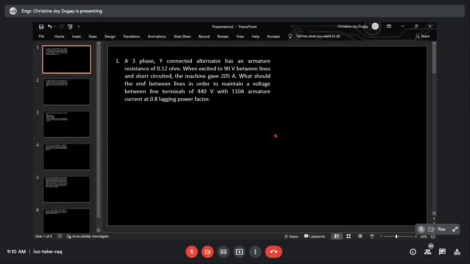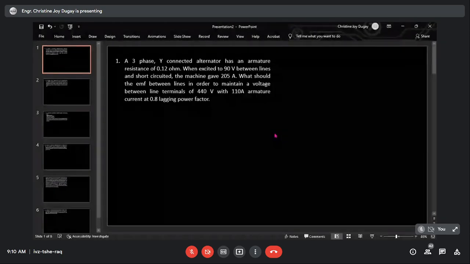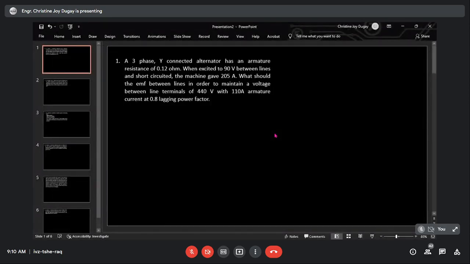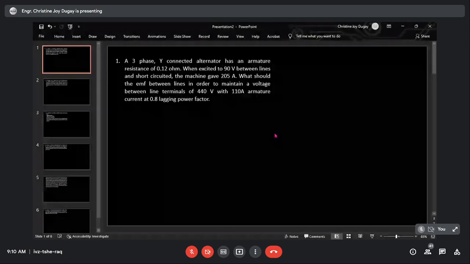The question is: what should be the EMF, the voltage between lines, to maintain a voltage between line terminals of 440 volts with 110 ampere armature current at a power factor of 0.8 lagging? So the line-to-line voltage is what we are looking for. What is the first thing to solve?